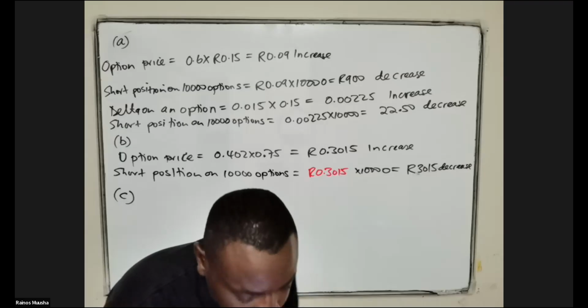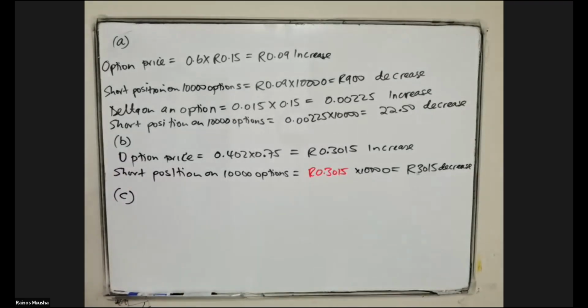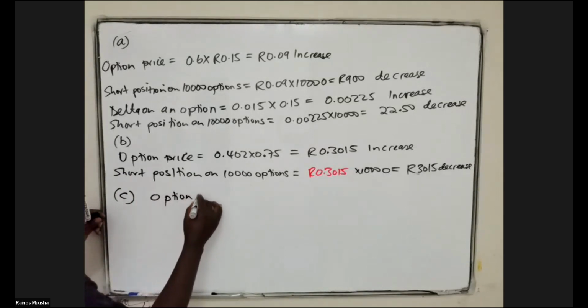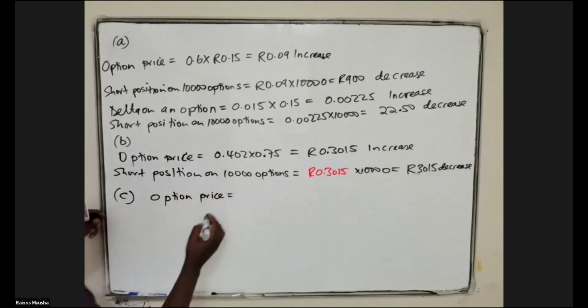So if one day goes by, remember, the closer you are to maturity, the lesser the value of the option is. That's why the theta is given as negative there.